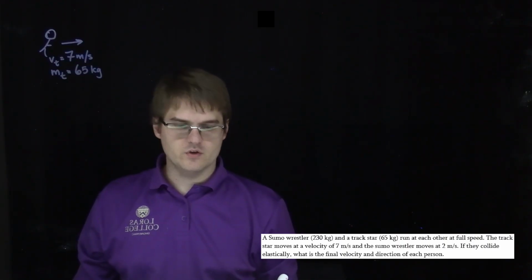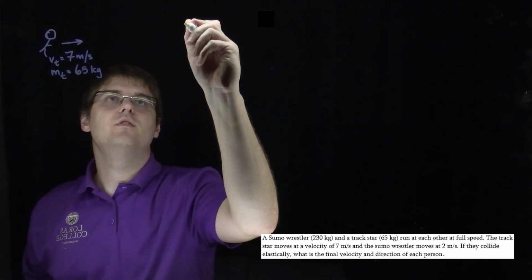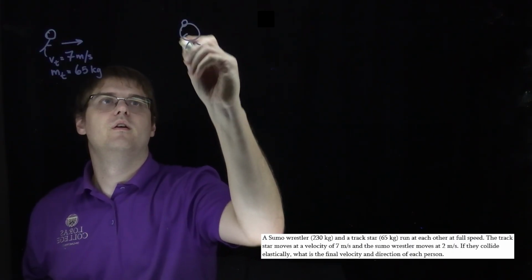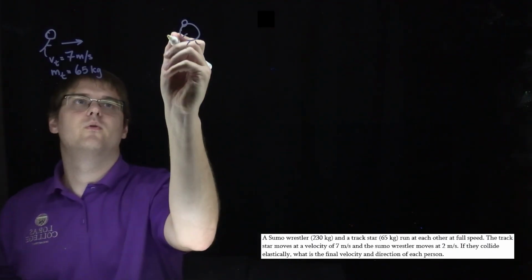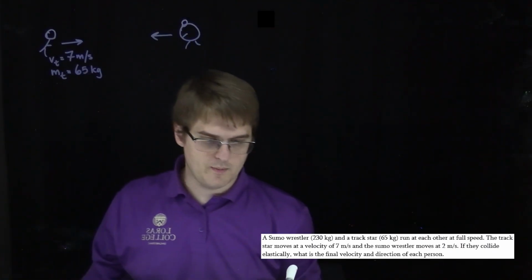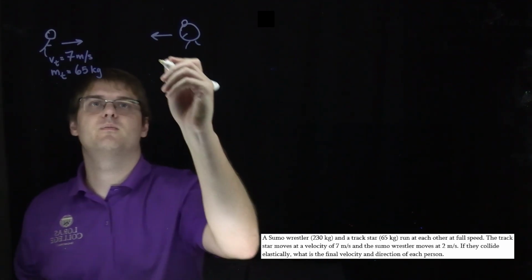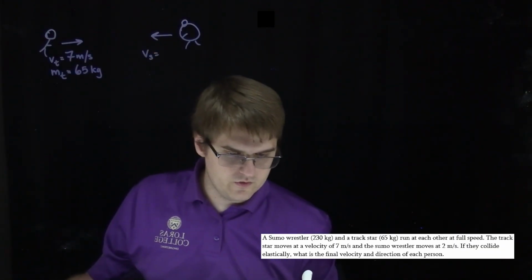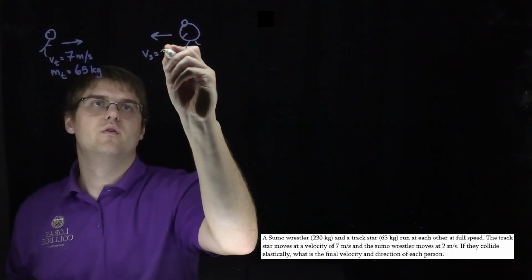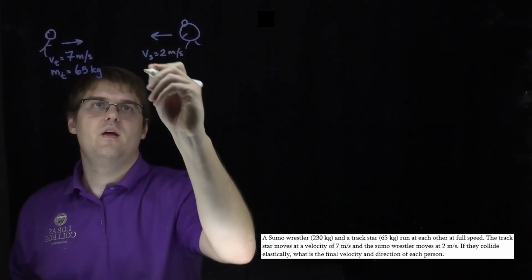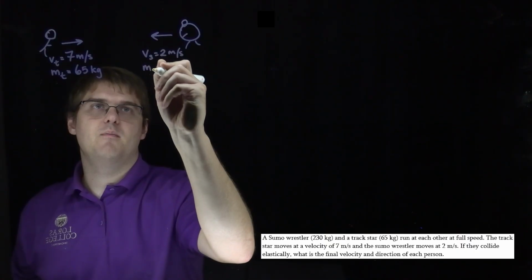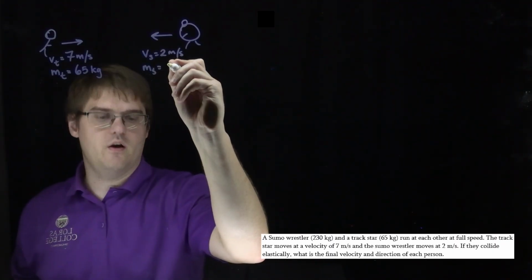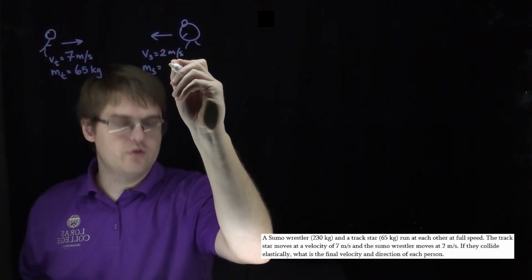And they are running full speed at a sumo wrestler. That sumo wrestler is moving towards them, probably more of a jog than a run at this point, but the velocity of the sumo wrestler is 2 meters per second. And they have a mass of significantly more than the track star, 230 kilograms.